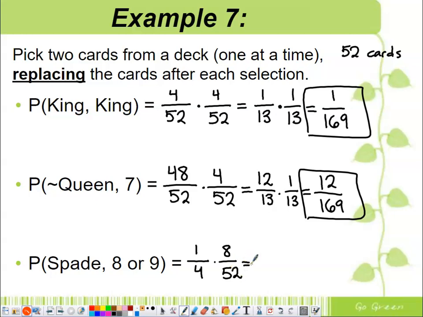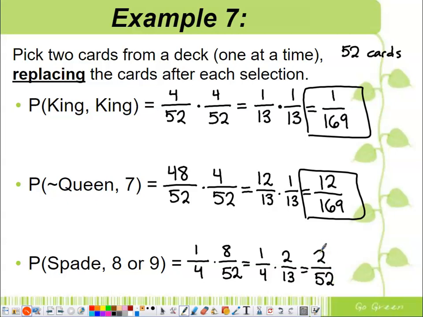Okay, let's make sure we simplify. So this is 1/4. 8 over 52 simplifies to 2 over 13. And then we just multiply across. So our answer is 2 over 4 times 13 gets me 2 over 52.